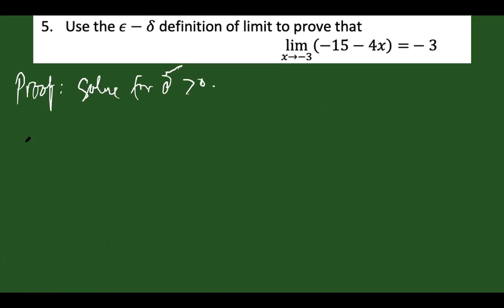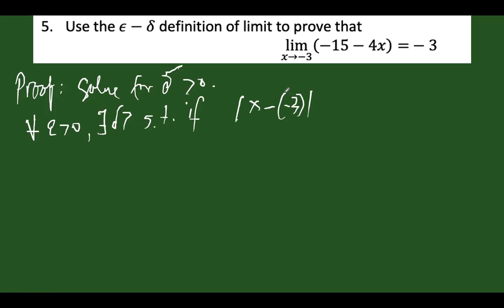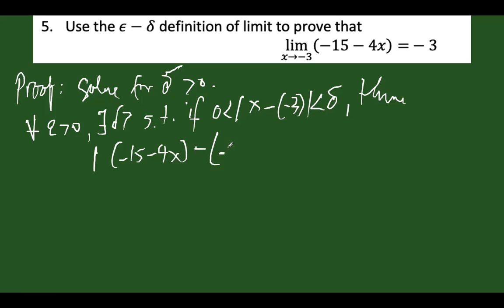To solve for delta, by definition of limit, we have: for every epsilon greater than 0, there exists a delta greater than 0 such that if the absolute value of x minus negative 3 is greater than 0 but less than delta, then the absolute value of negative 15 minus 4x minus negative 3 is less than epsilon.